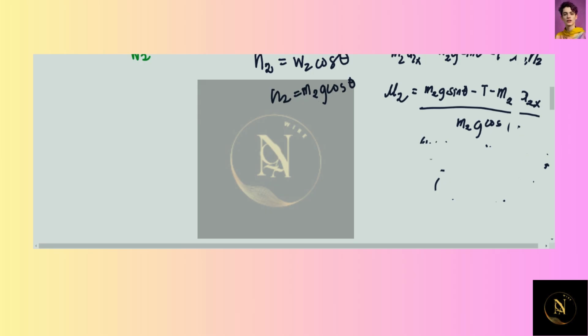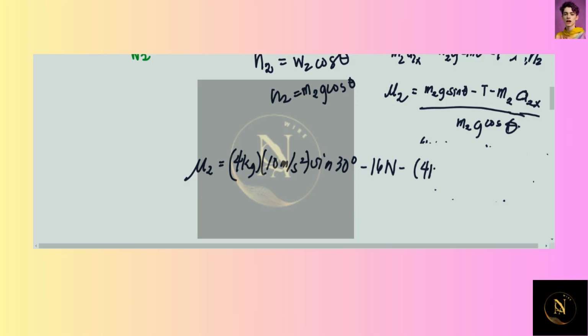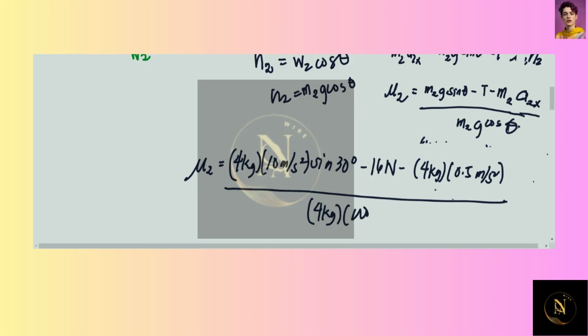let's rewrite this in a better place. Then mu sub 2 is equal to 1 kilogram divided by 10 meter per second squared, sine 30 degrees, minus the tension force, minus the mass 2 and the acceleration 2, over this quantity, cosine 30.